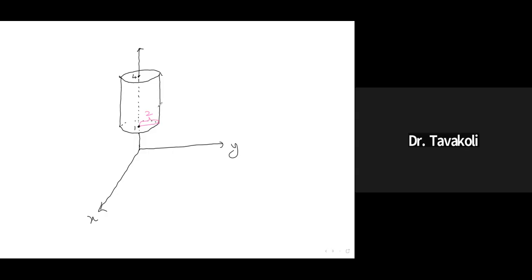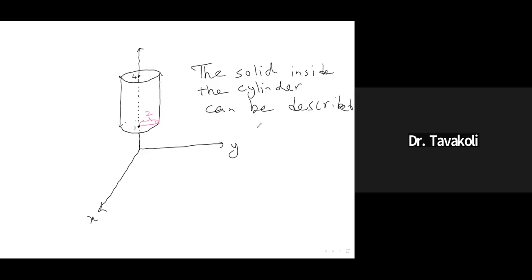So the solid inside the cylinder can be described by, obviously, Z is between 1 and 4.